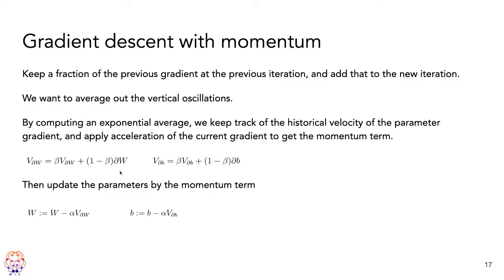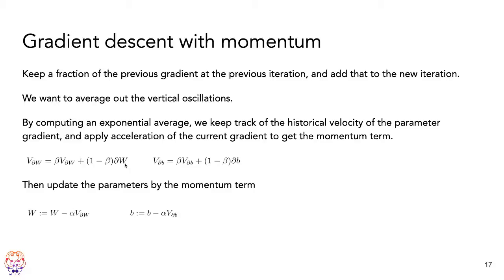This is the formula for it. So for each weight, you're taking the multiplication with beta for the previous time step plus 1 minus beta for the current time step.